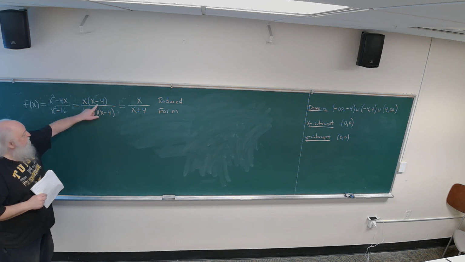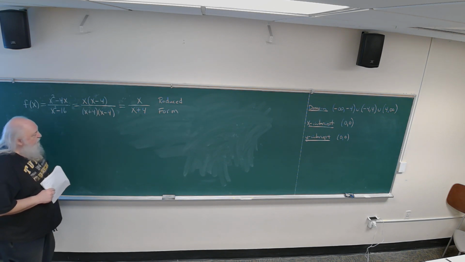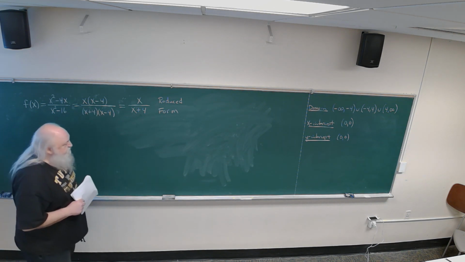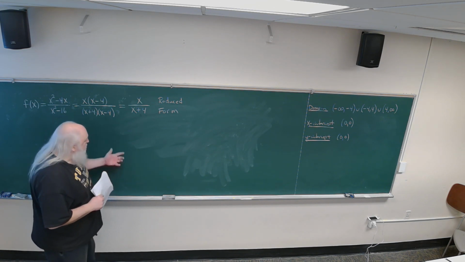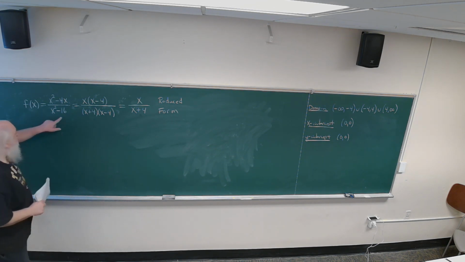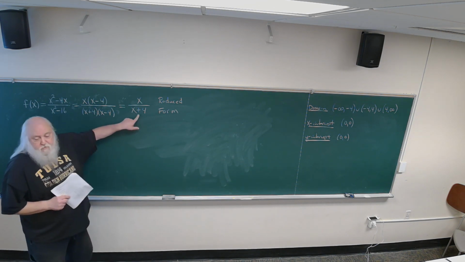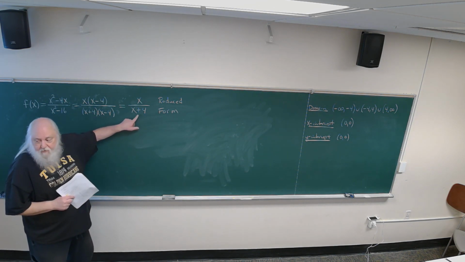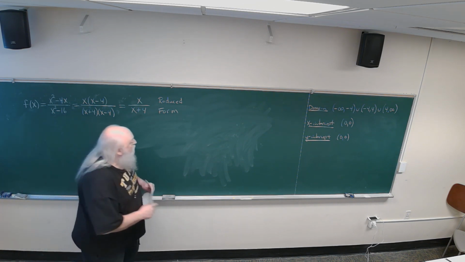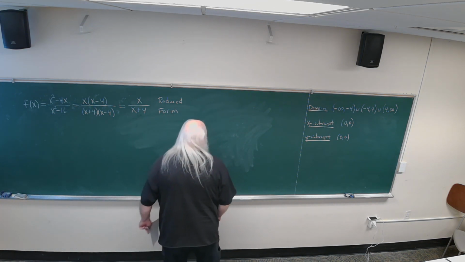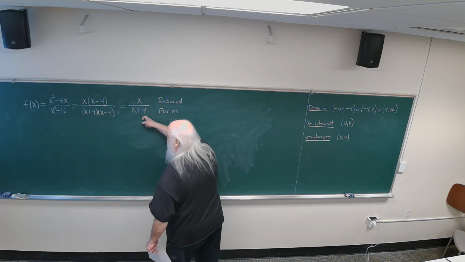Okay. So to find the vertical asymptotes, you don't use the original rational function. You use the denominator of the reduced form.